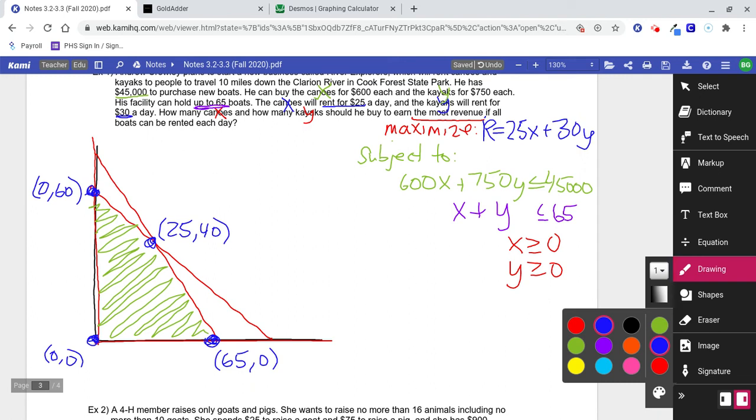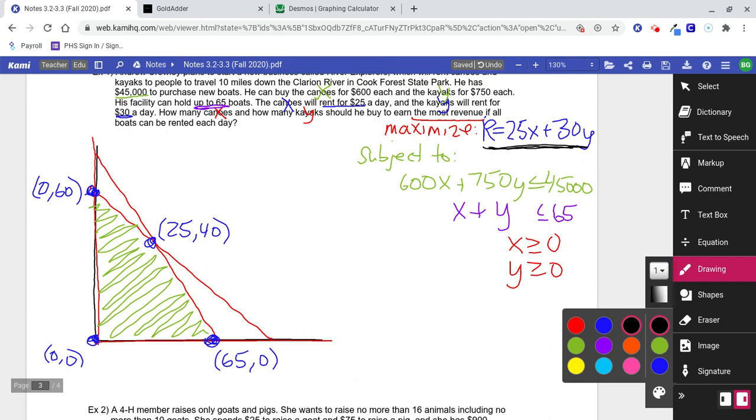Make sure you color in the feasible region. But the last step is to actually maximize. The payoff here is we need to take this objective function and find the one that produces the maximum revenue.